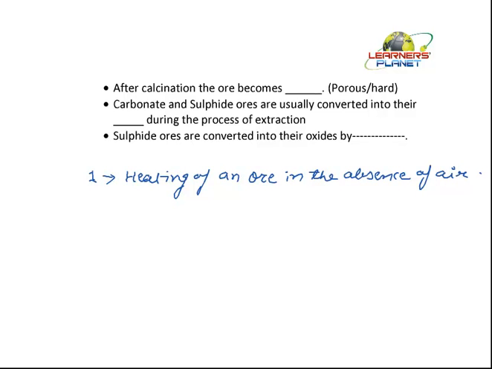It is done for oxide ores like bauxite, or carbonate ores like calamine, ZnCO3, or other carbonate ores. What is done? It is heated. With bauxite, there are water molecules associated with it, so they will be removed. With zinc carbonate, carbon dioxide will be removed, and this will make the ore porous.